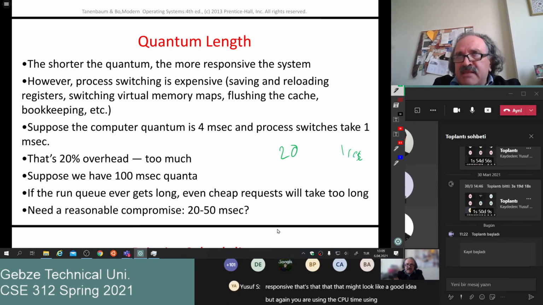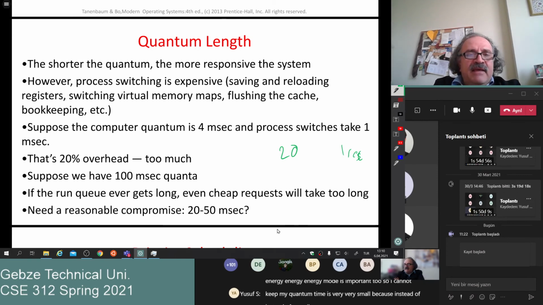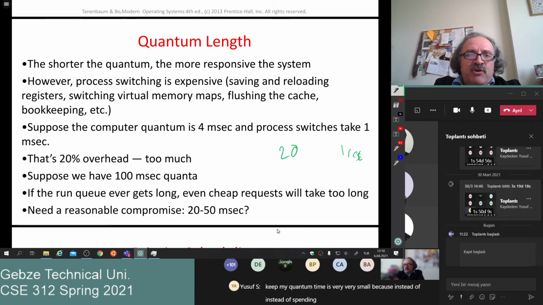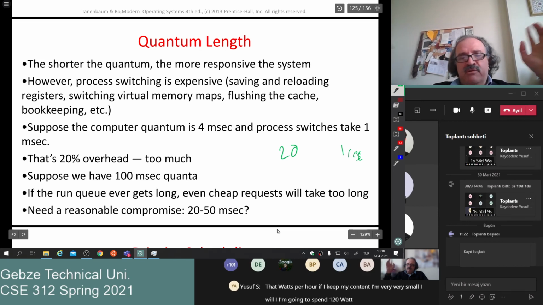Using CPU time means that you are using your energy, battery time. For cell phones, interactivity is important, but battery time, energy amount is important too. So I cannot keep my quantum times very small, because instead of spending 100 watts per hour, I'm going to spend 120 watts per hour, etc.